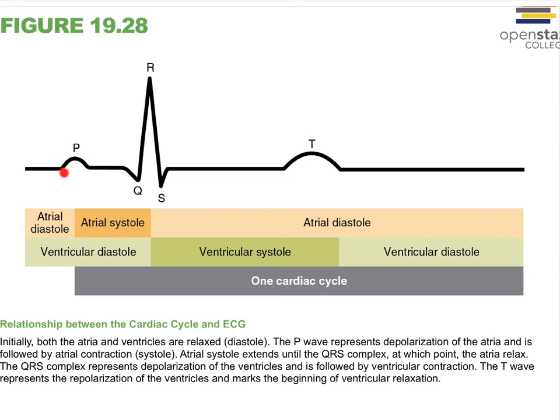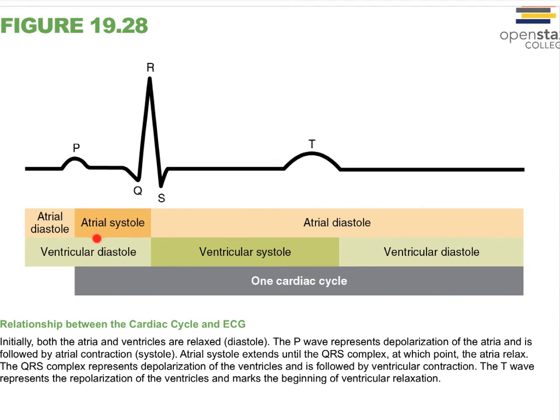So during the P wave, in response to depolarization of the atria, we'll see that the atria contract, and they do this for a little while until we see that the ventricles have become depolarized, and then they can start to contract. So throughout the depolarization of the ventricles, which occurs during the QRS complex, we're going to see ventricular systole.